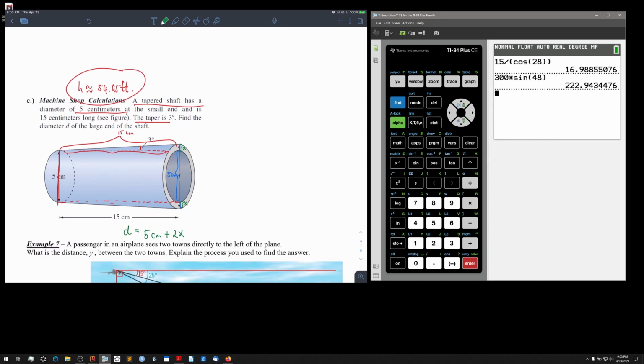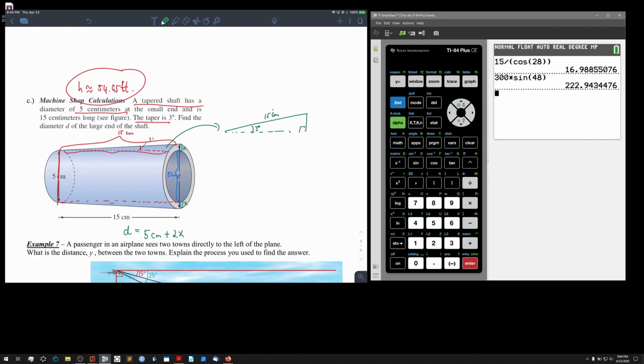The problem is I have to find X. If you break it down to a smaller problem, all I need now is X. So let's take this triangle out of here. This makes a little right triangle. They're telling us that this is 3 degrees and this is 15 centimeters.